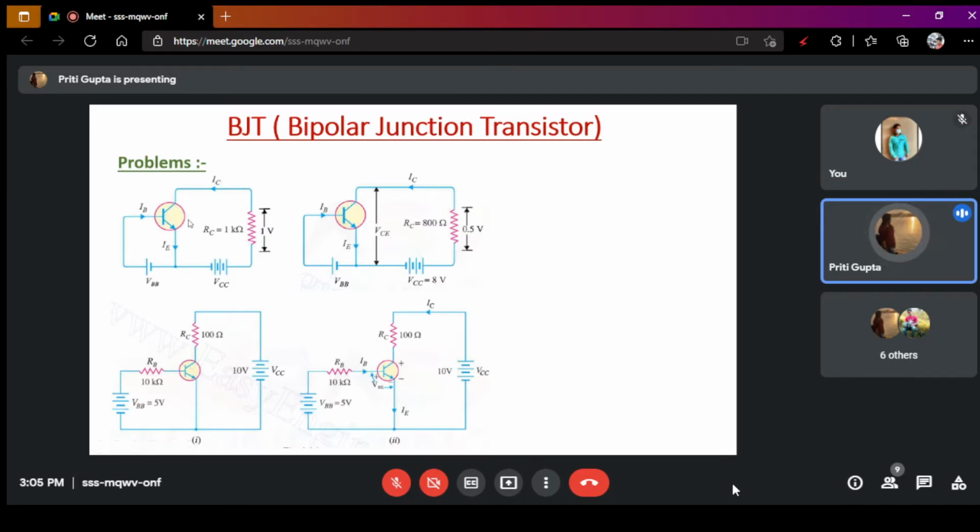Now write down this problem. First circuit. For the transistor, beta equals 45, and voltage drop across RC is 1 volt.